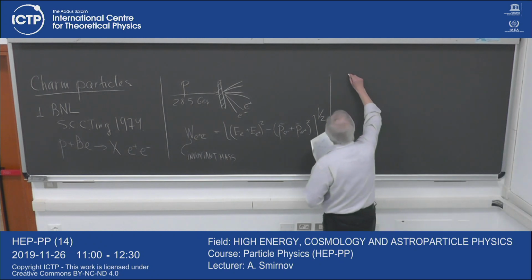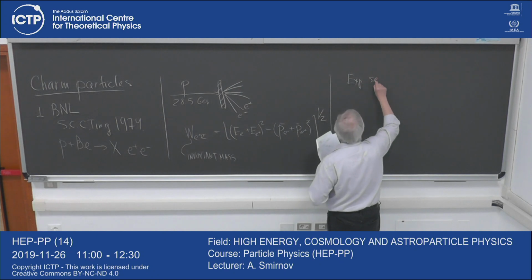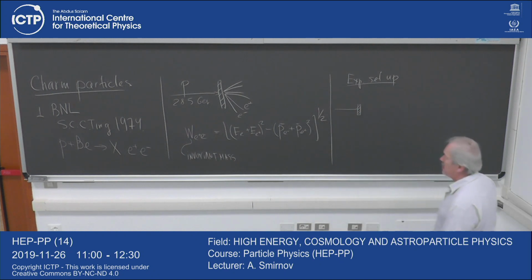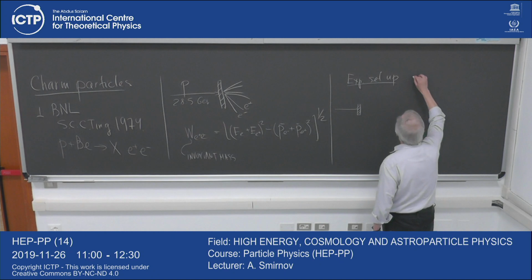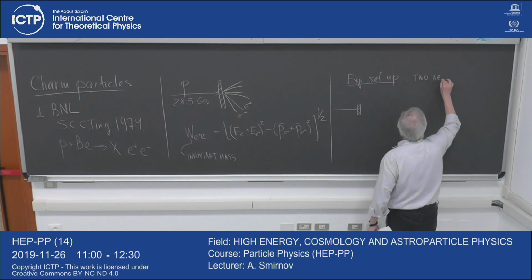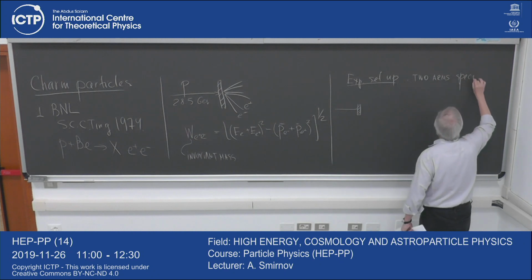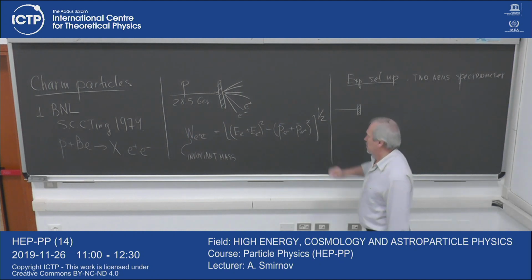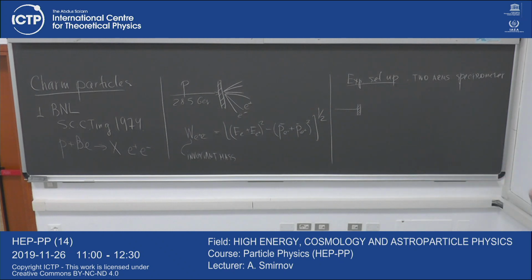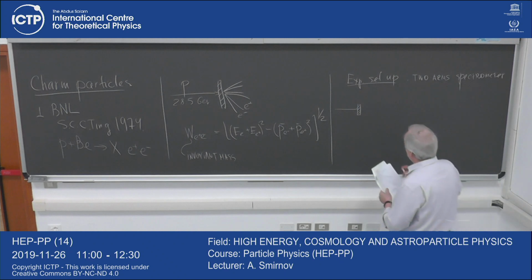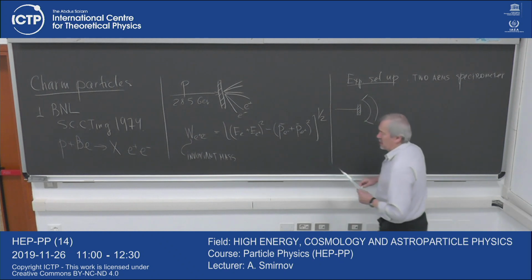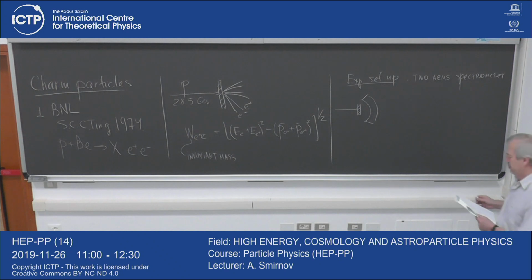So the setup was the following. The proton beam hits the target, and then there was a two-arm spectrometer, precisely to measure the characteristics of the electron and positron in as precise a way as possible. After the beryllium target, there was a magnet, which split electrons and positrons into different directions.